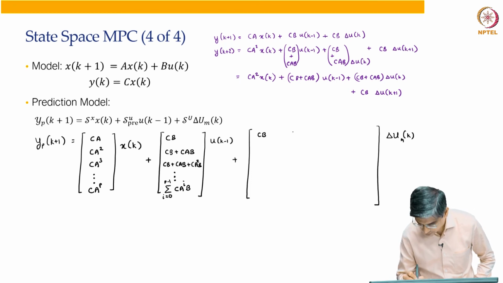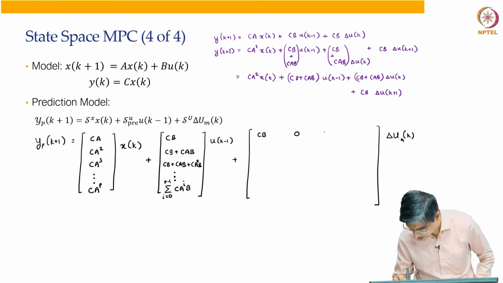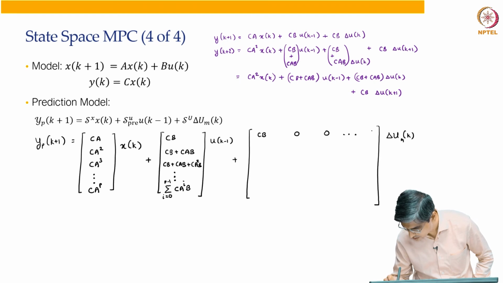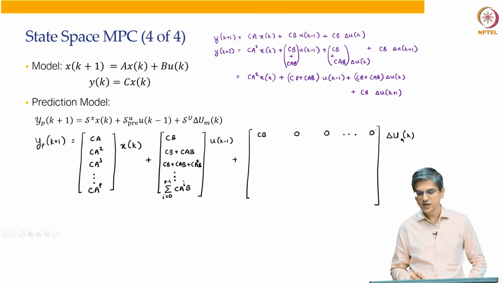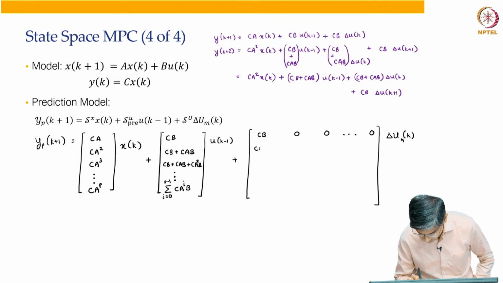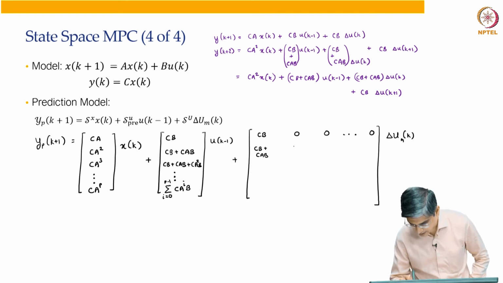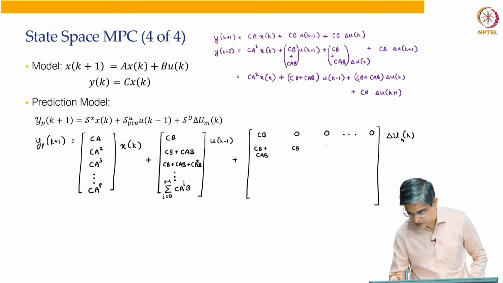So, what is the first guy going to be? First guy is going to be Cb, next is going to be 0, 0 and so on up to 0. What is this guy going to be? It is going to be Cb plus Cab over here, and then we will have Cb over here, we have 0 over here and 0.